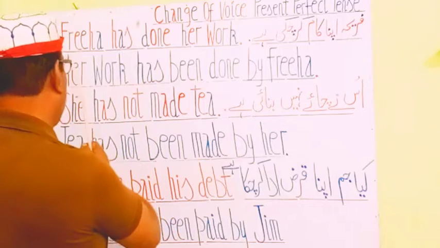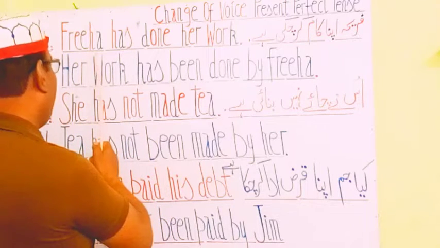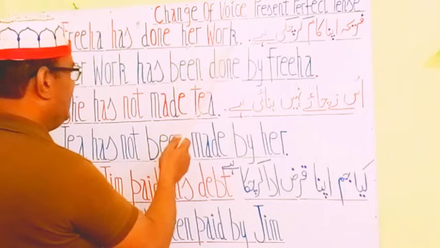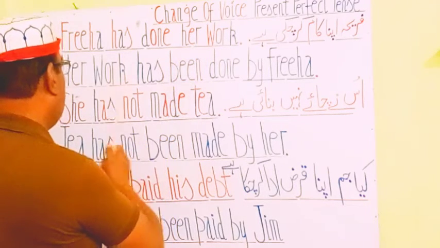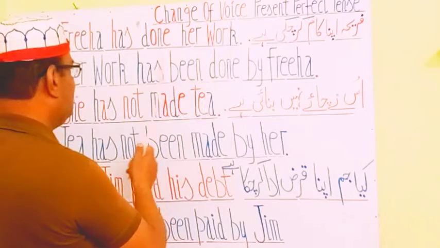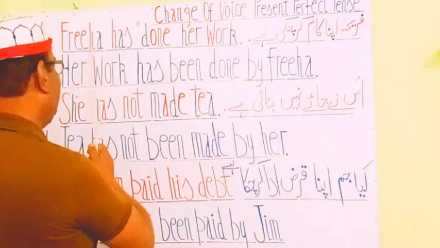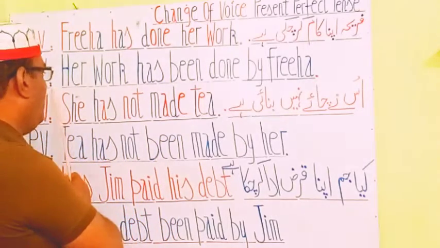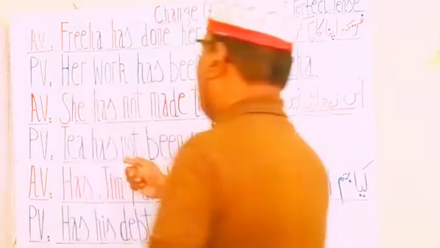By rules, when we change active voice statements into passive, the subject and object replace their places. Let's see how they change their places. Here see the passive voice, her work.